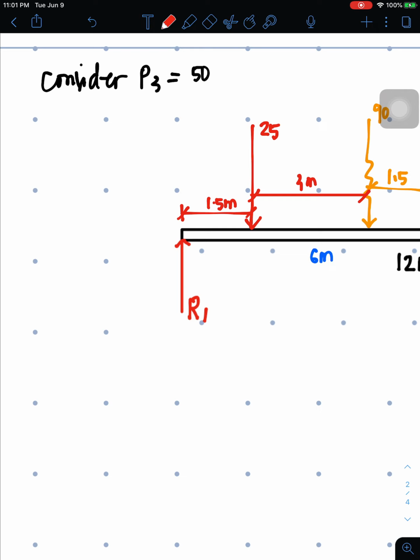But P1, or 15 from 25 na force, is 2 meters, no? But we only have 1.5. So naitabo, this is the location of our 15, and this is 2 meters.